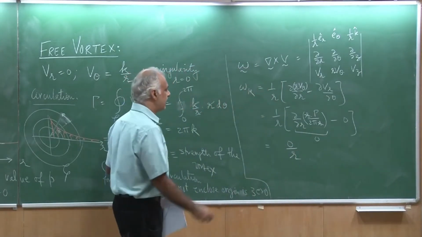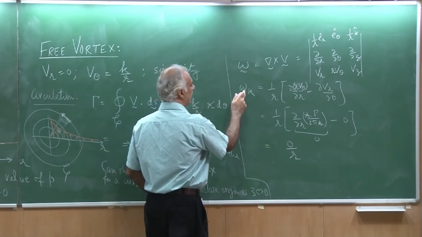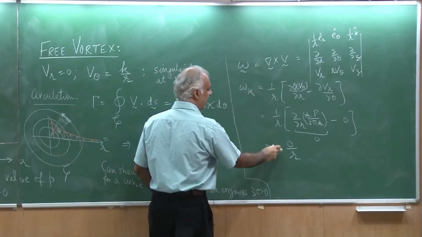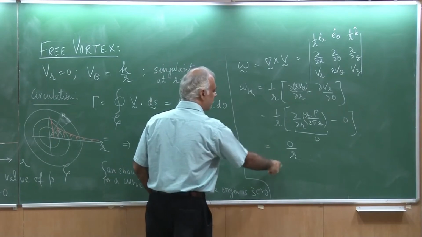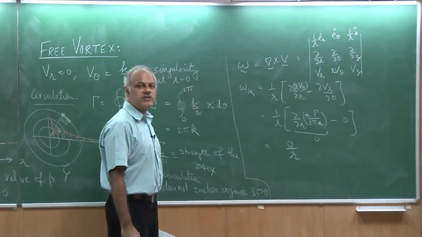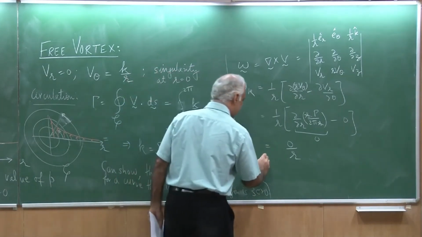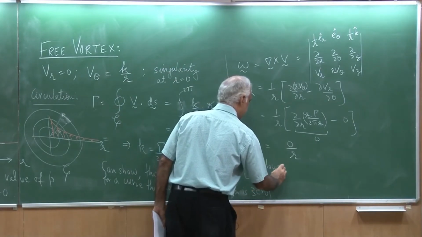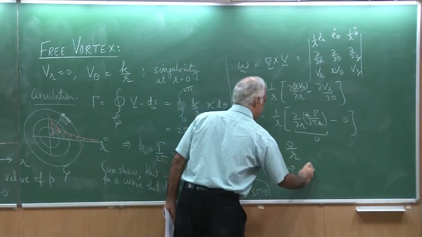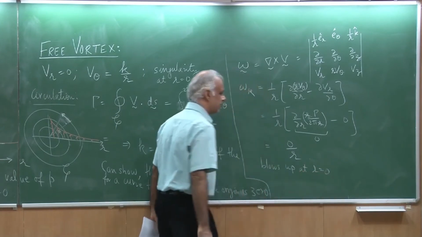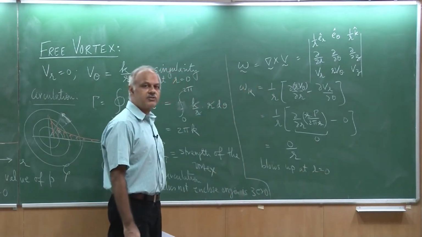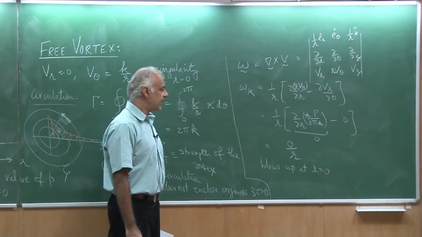And you can see that your vorticity is actually 0 everywhere except when you get very close to the origin. So this actually blows up at r equal to 0. So there is again, as we have shown, a singularity at the origin.